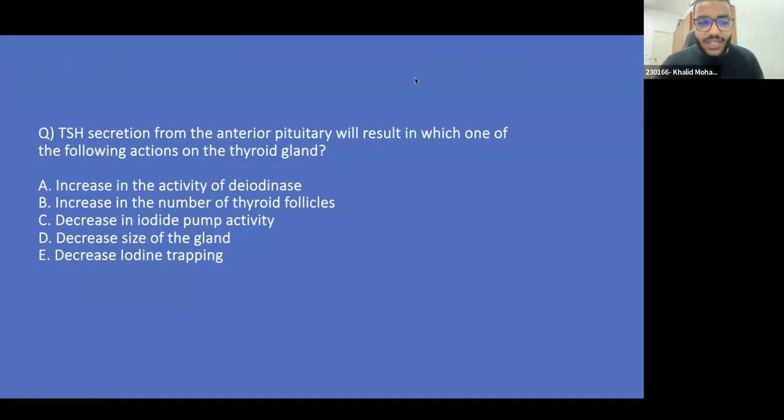Okay, the second question: TSH secretion from the anterior pituitary will result in which of the following actions on the thyroid gland?